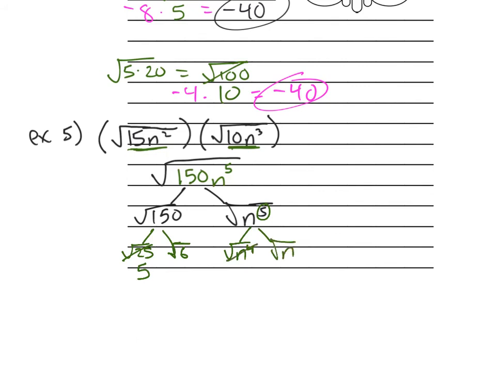So the square root of n to the fourth is now n squared on the outside. And so now everything together on the outside will be 5n squared. So 5n squared. And still inside is 6 and n. So root 6n.